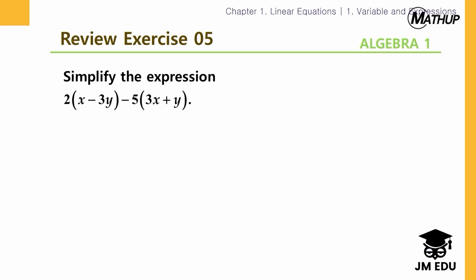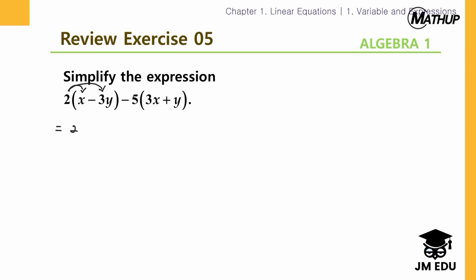Number 5, simplify the expression. For number 5, we have two different variables, x and y, right? But the way to simplify is the same. So let's try this. So number 5 is equal to, here, 2 times x plus 2 times negative 3y, right?